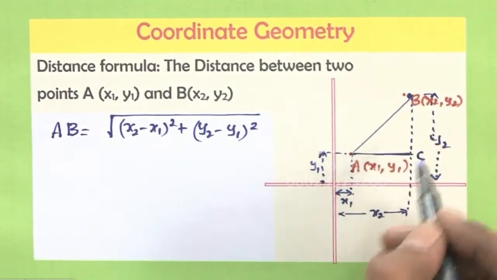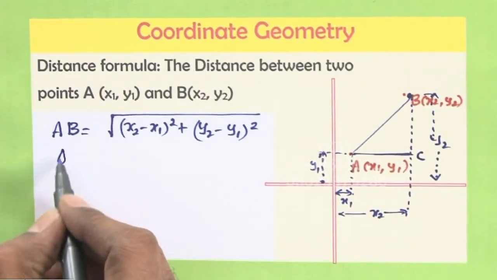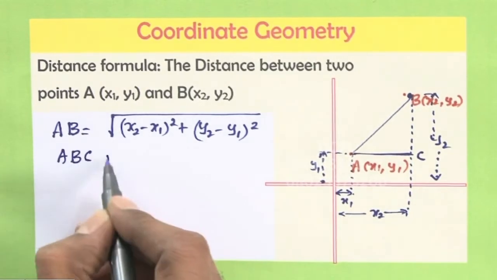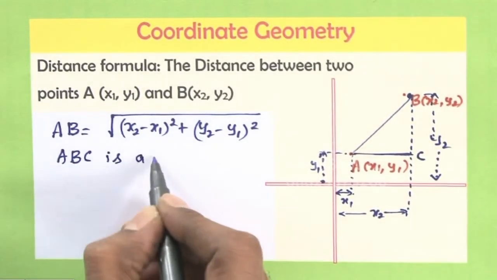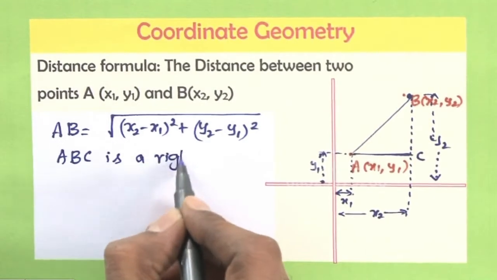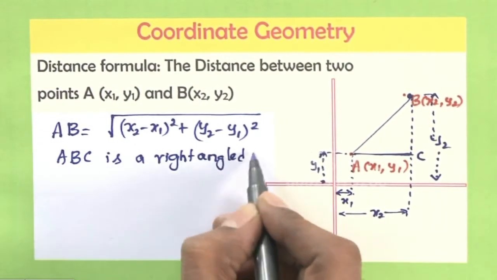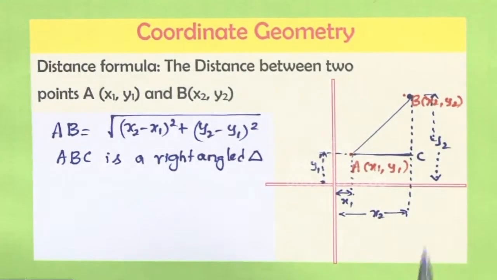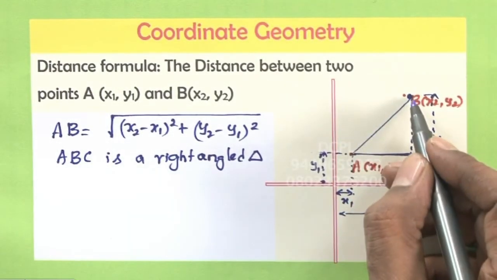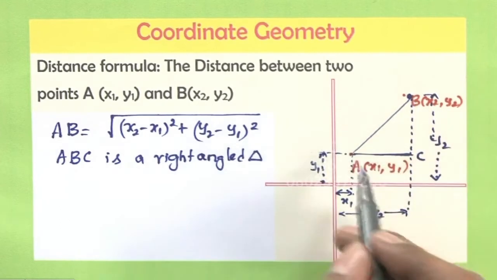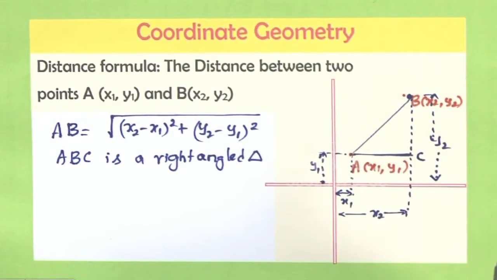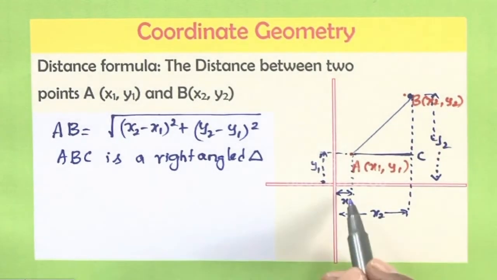Right? Now, no doubt, ABC is a right angled triangle. Do you agree with me? Right angled triangle. Now, in this, AB is the hypotenuse. AC and BC are the two sides. It's a matter of common sense, dear students.